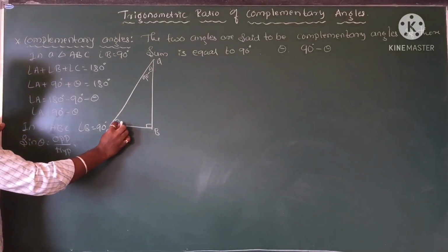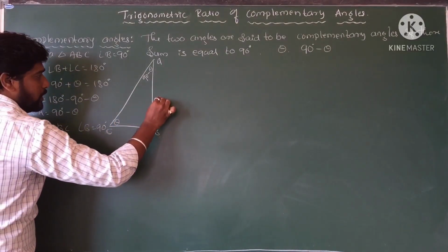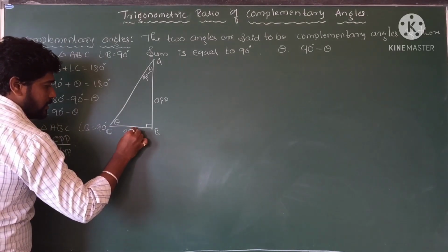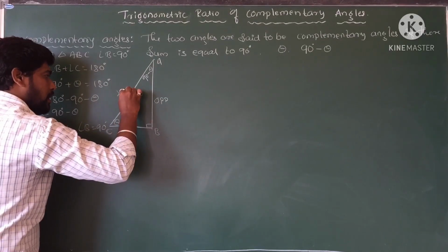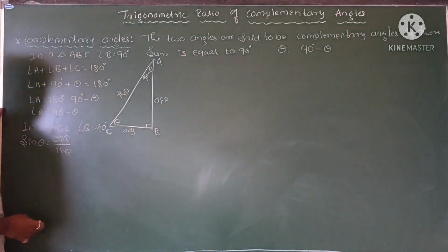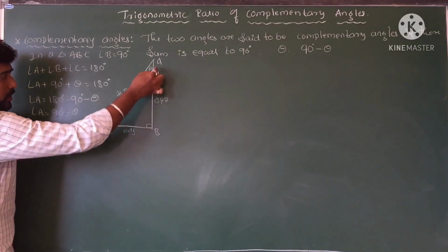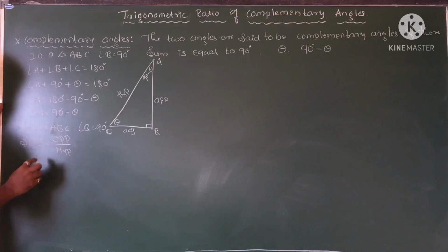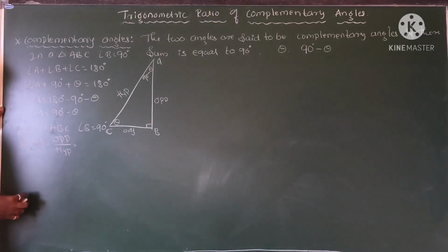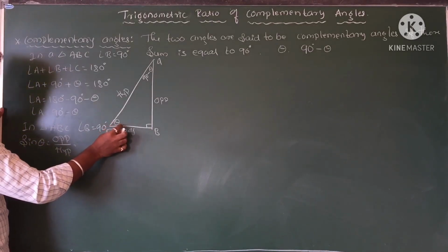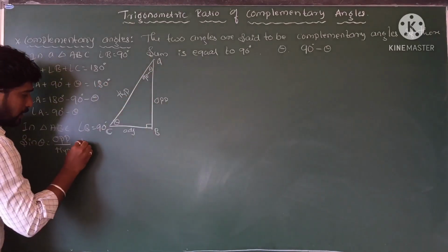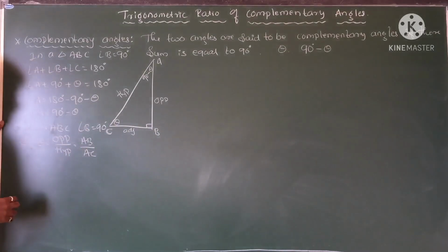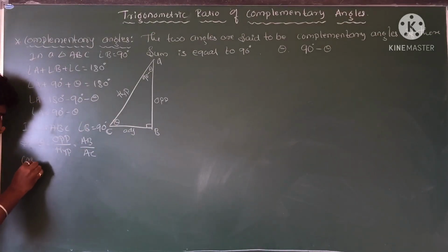When we consider theta here, the opposite is AB, the adjacent is BC, and AC is the hypotenuse. So sin theta is opposite by hypotenuse, that is AB divided by hypotenuse AC. Right?